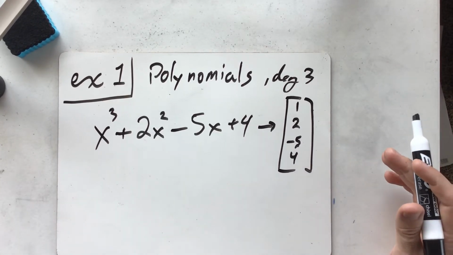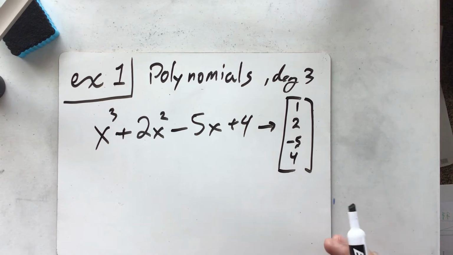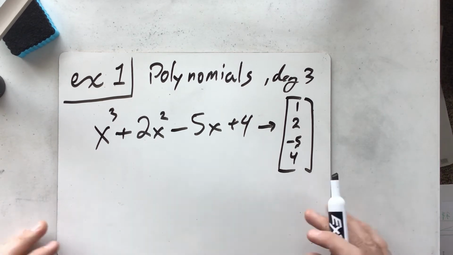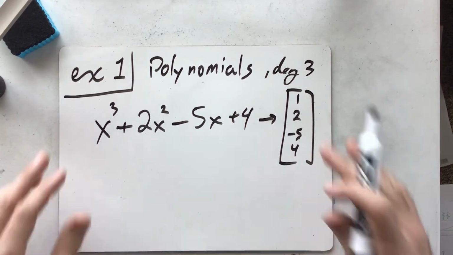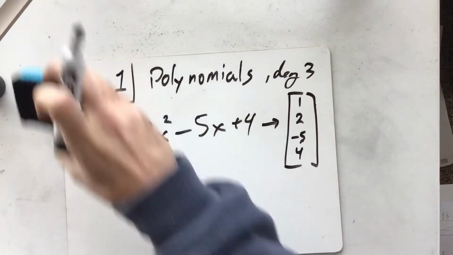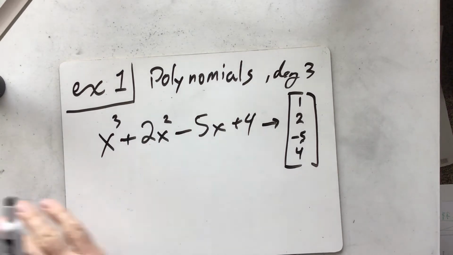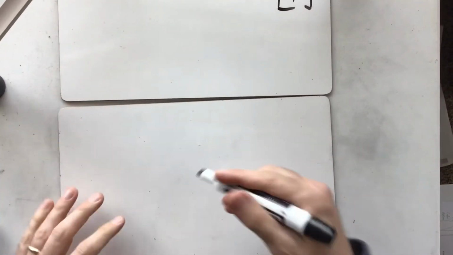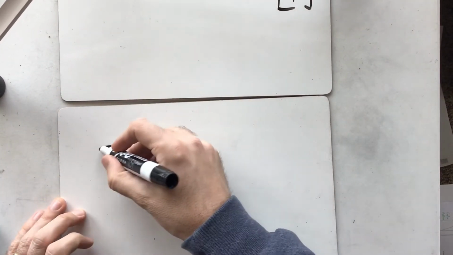A cool thing about polynomials is that there are some operations that make complete sense for us. Let me grab one of those operations real quick and show it to you, and maybe you'll find this interesting. One operation is the matrix that looks just like this.